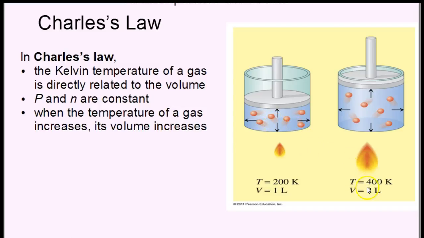When we increase that temperature to 400 Kelvin, we can see that expands the volume to 2 liters. So you can see the direct relationship here that as temperature increases, the volume increases. Okay?